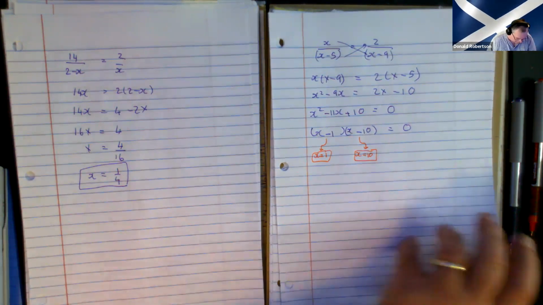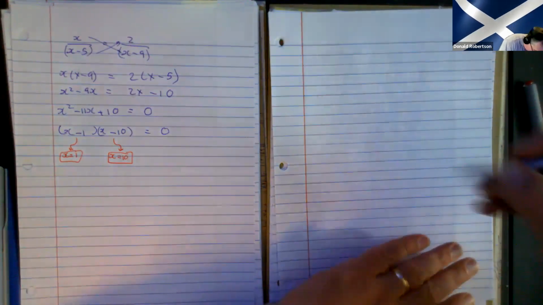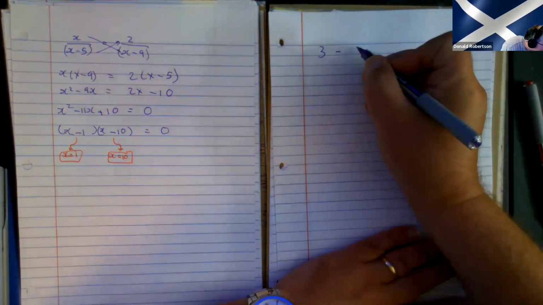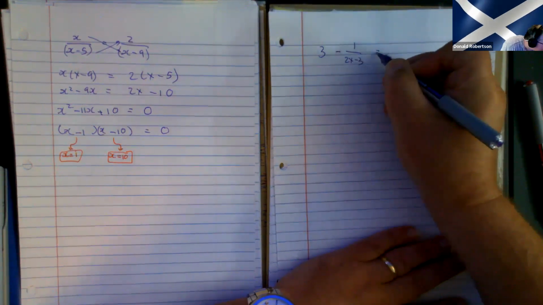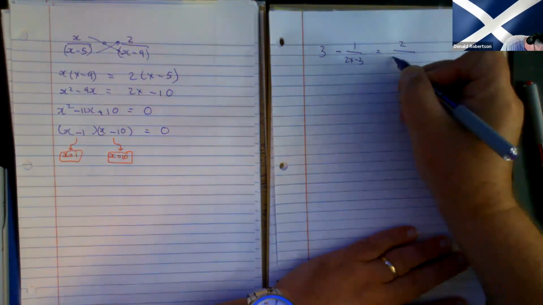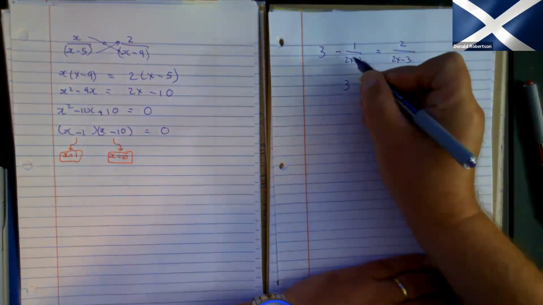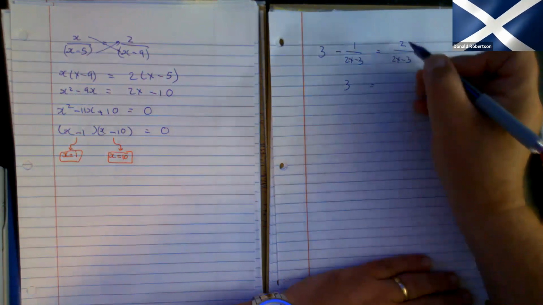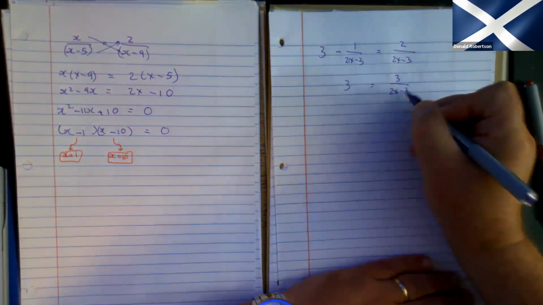So see what other combinations you might get. How about this one? 3 take away 1 over 2x minus 3 is equal to 2 lots of 2x minus 3. I'm going to add this fraction to both sides. So 1 over 2x minus 3 added to both sides gets you 3 over 2x minus 3.